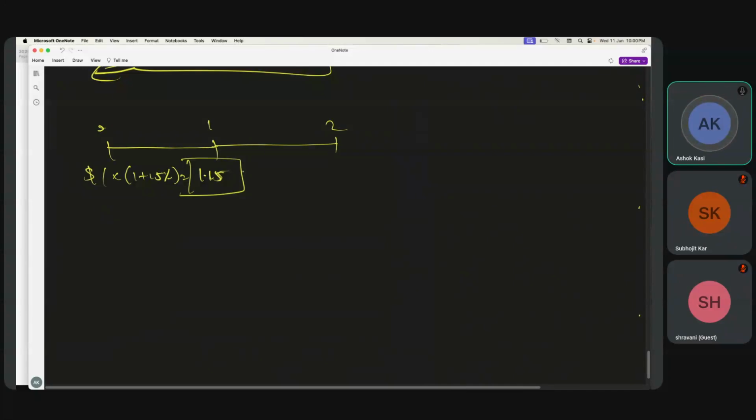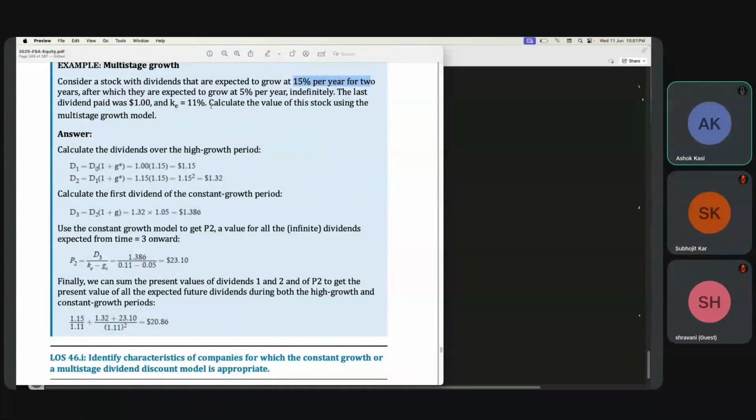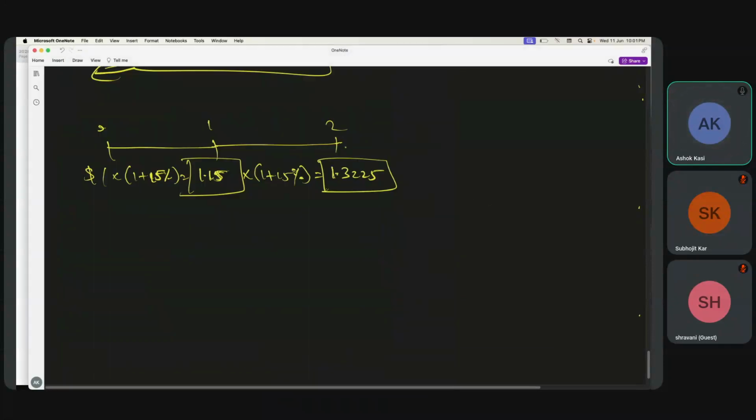Again it is growing at the rate of 15 percentage, so 1.15 into 1.15 is 1.3225. Further, from here on it is growing at a constant rate.